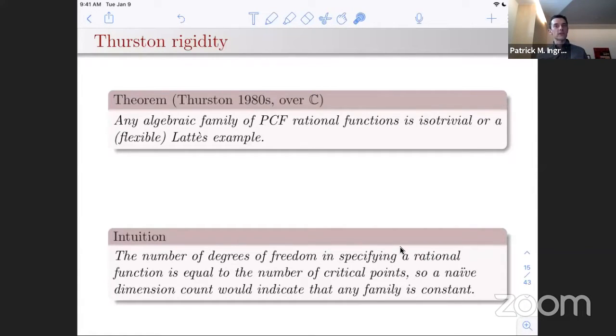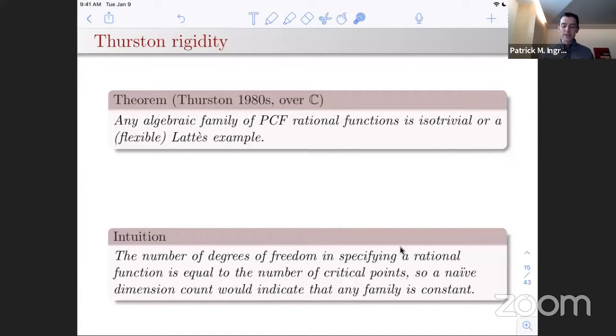So if you're imposing conditions on those critical points, you have the same number of conditions as dimensions. And so you might expect that any particular diagram that you write down, like the ones on the previous slides, will cut you down to a zero-dimensional set of rational functions which satisfy that. And that's more or less true. But first of all, the actual theorem is not that easy to prove.